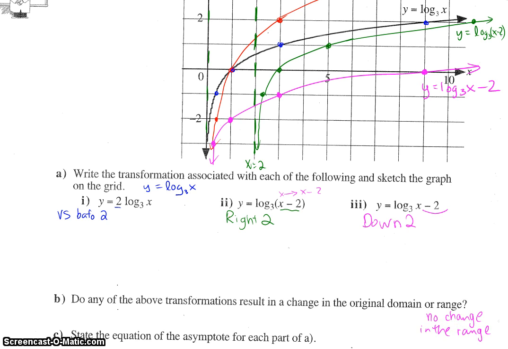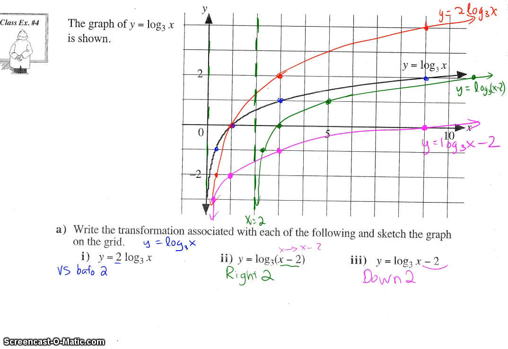But domain, however, let's look at that. For the original graph, the domain was x greater than 0. And that was true for the first graph because we did a vertical stretch, so that didn't change the domain. The second graph, though, that moved right 2, our asymptote moved to the right 2 as well. So therefore, our domain became x is greater than 2.